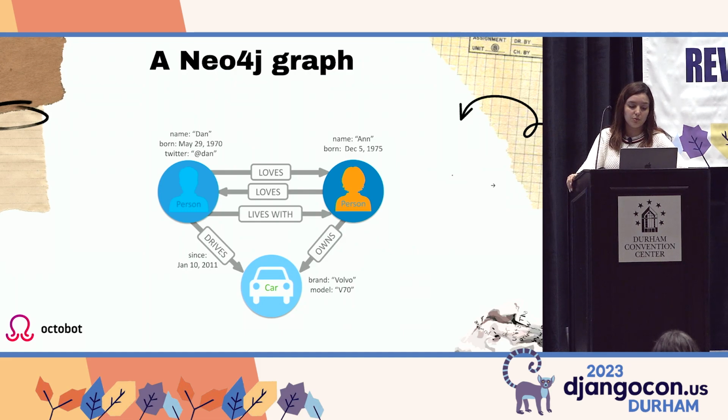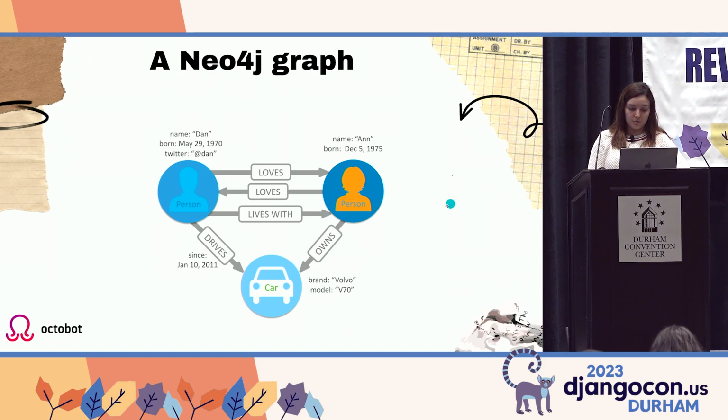For relationships, we have to define exactly one type, in this case loves and owns, for example, and we can have zero or more properties, like for example the model of the car, and the date of when it drives.